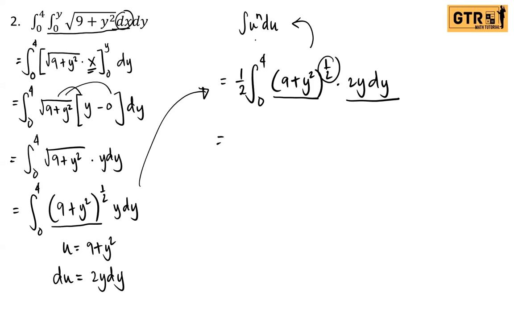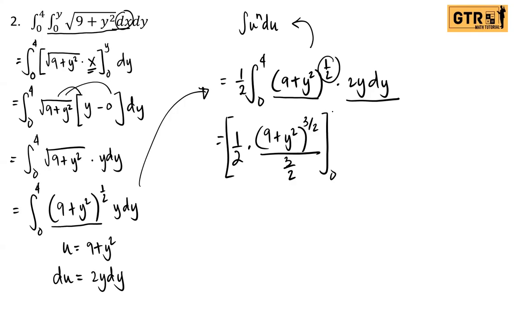Okay, so apply the formula of u to the n du. So that is u to the n plus 1. So we have 1/2 times u to the n plus 1 over n plus 1. So u is 9 plus y squared raised to 1/2 plus 1. So we have 3 over 2 over 3 over 2. Then limits ay 0 to 4.